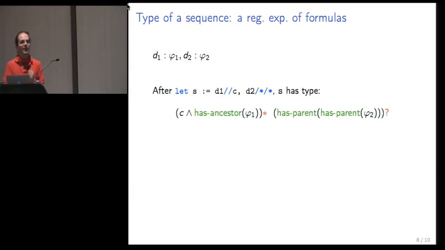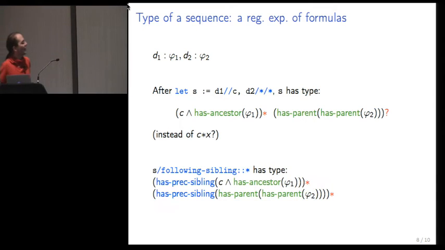I don't detail what this formula is, but it's easy to write using recursion on the backward modalities. So I can build this type for my sequence. And then if I apply following sibling to that sequence, I can again build a regular expression of formulas corresponding to that new sequence.